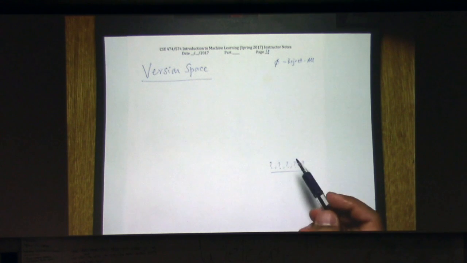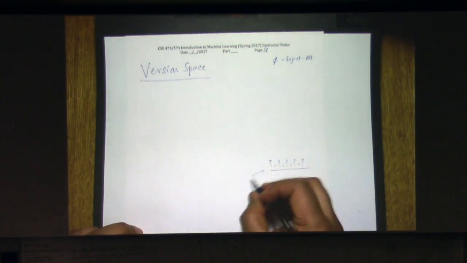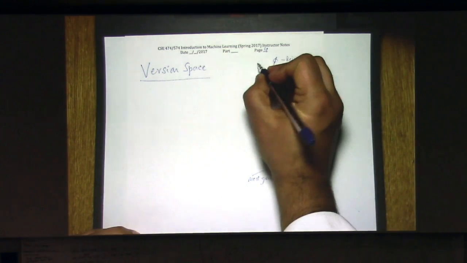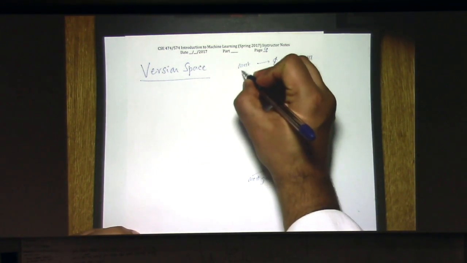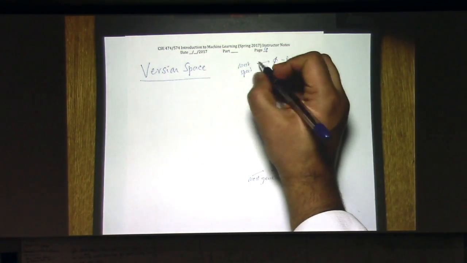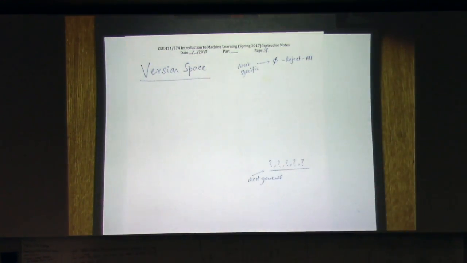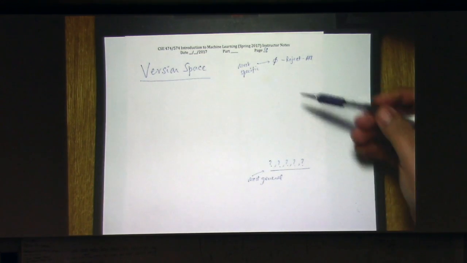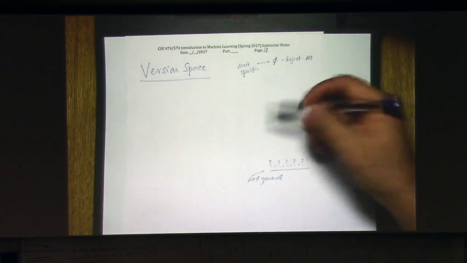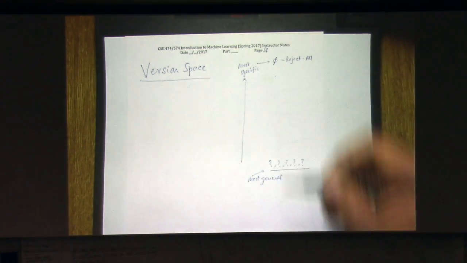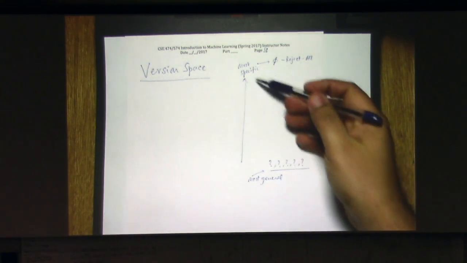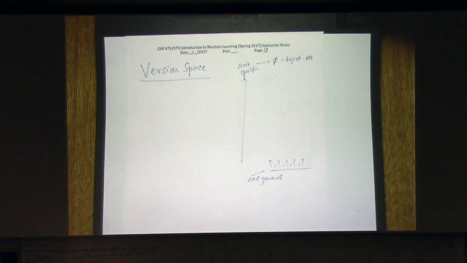Right? So we call this the most general hypothesis because it accepts everything, and this is the most specific because it accepts 0 elements, right? So what you can do is take any hypothesis and put it on a scale from most general to most specific by looking at how many objects it covers.